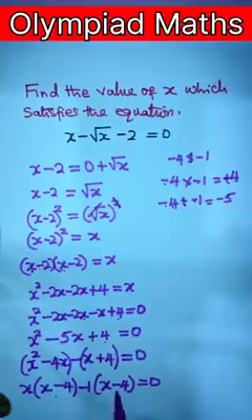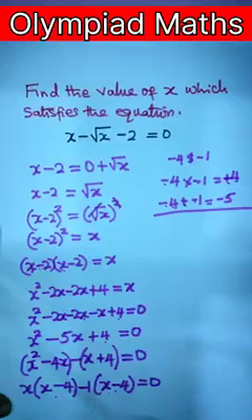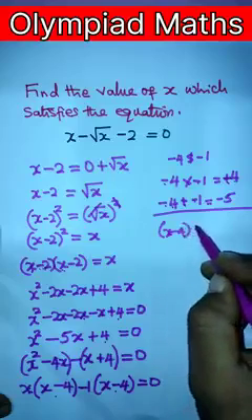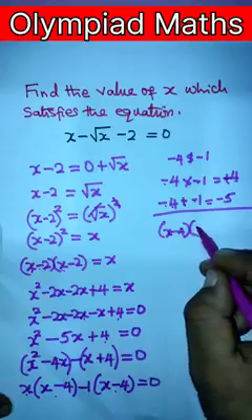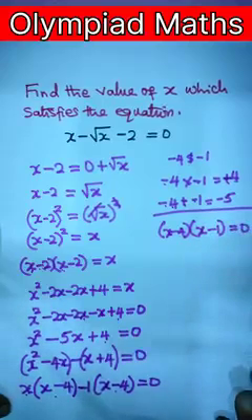Now you see that these two brackets are the same. So to solve this, let's continue from here. Since each of these brackets are the same, let's bring down one of them, x minus 4. Then we group x and minus 1 in another bracket, and everything equals 0.